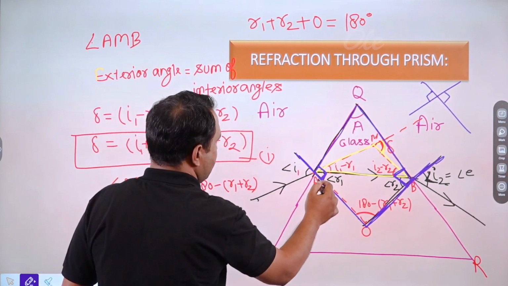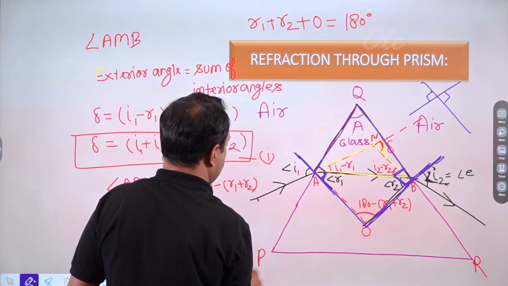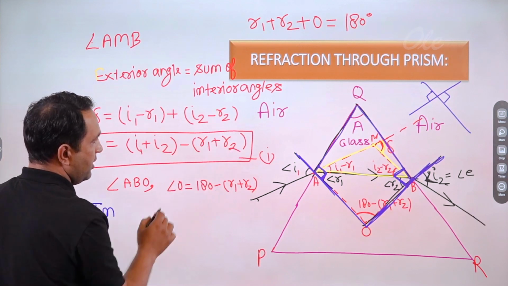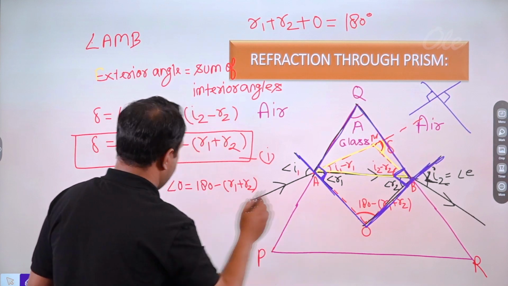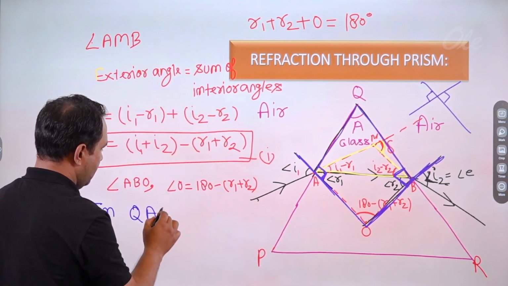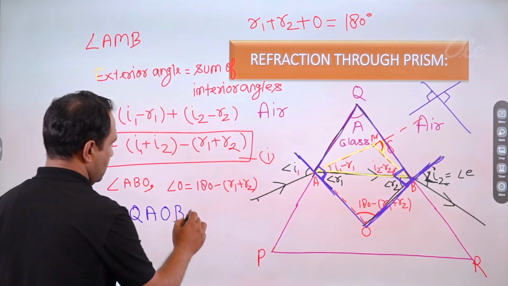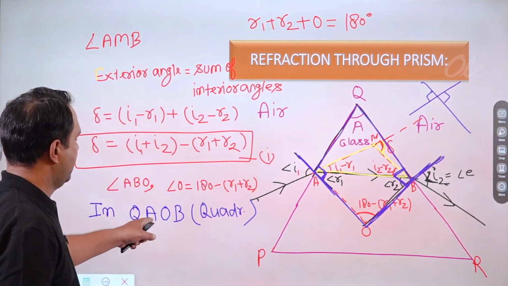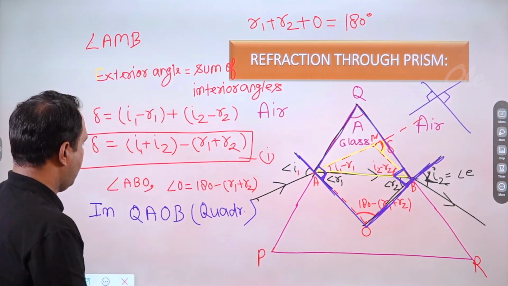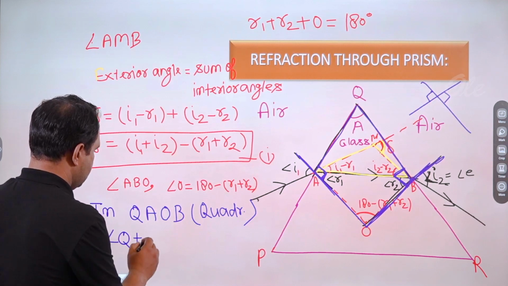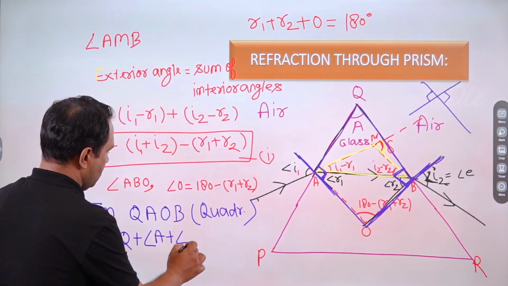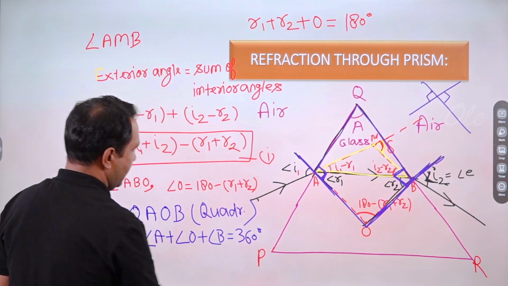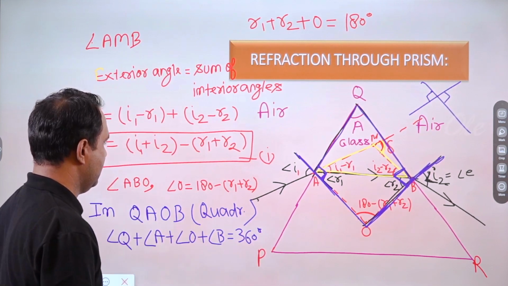As we know, suppose that in the quadrilateral QAOB, the sum of Q plus A plus O plus B should be equal to 360 degrees, right? It should be equal to 360 degrees.